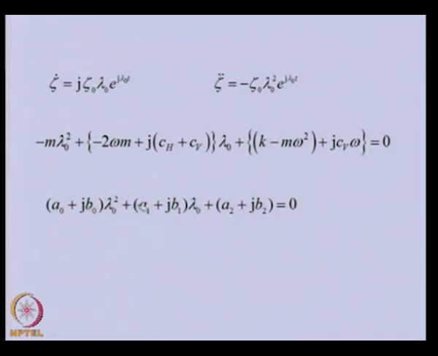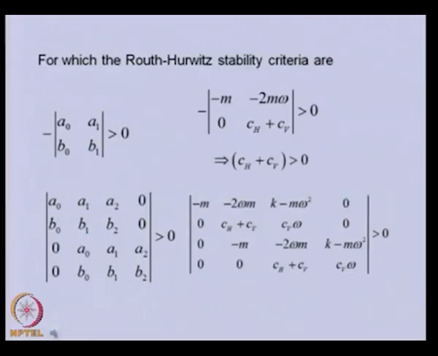So the stability criteria for this equation are provided in the next slide. This is the Routh-Hurwitz stability criteria for a polynomial with complex coefficients. So the determinant, minus of this, should be greater than 0.